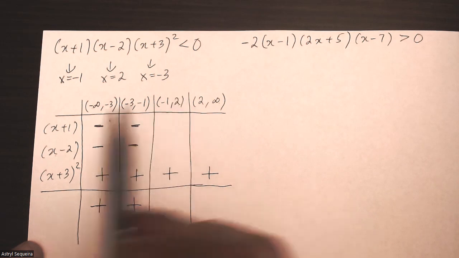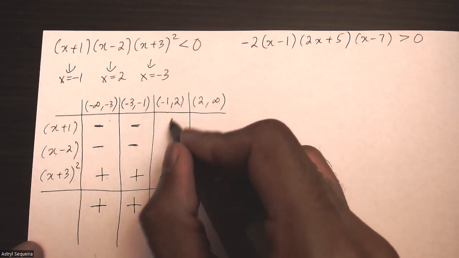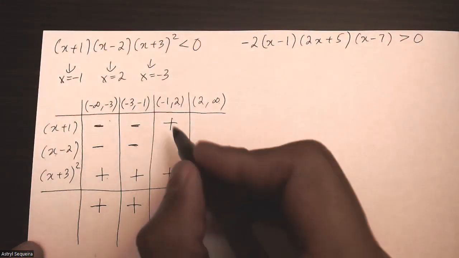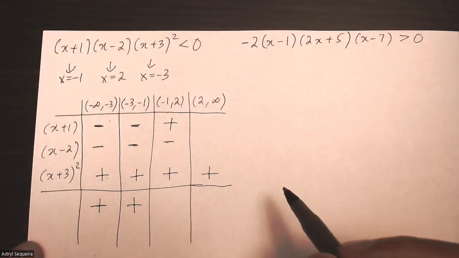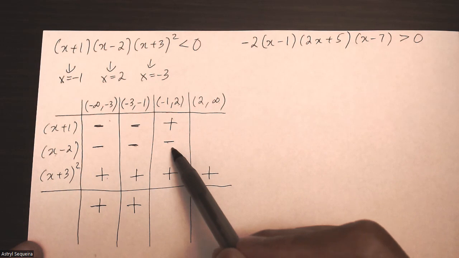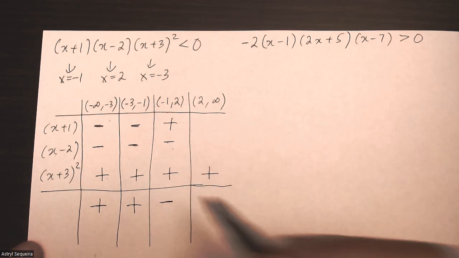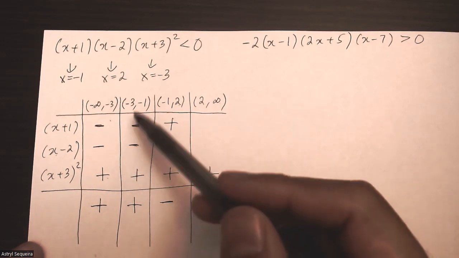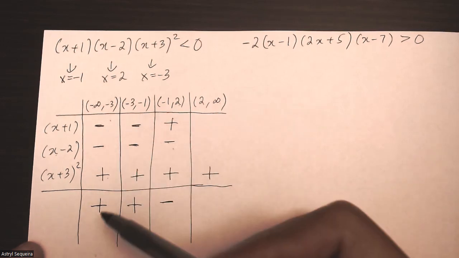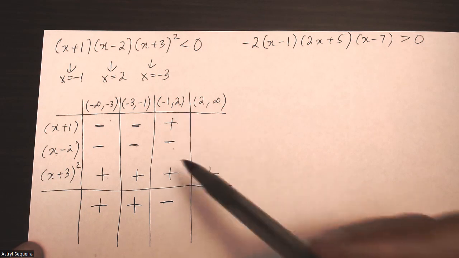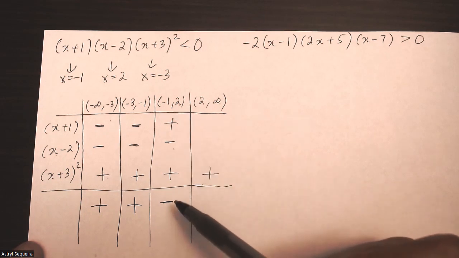I'll pick 0. 0 plus 1 is positive. 0 minus 2 is negative. Positive times negative is negative. Negative times positive is negative. So basically, if you have an even number of negative signs, it turns positive. If you have an odd number of negative signs, it stays negative.